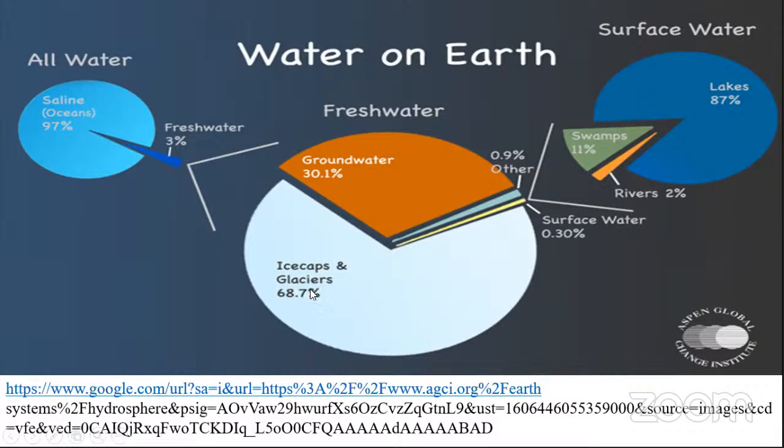Though its share is around 67.7 percent, this is regarding the quality of water we use daily. The entire population completely depends upon this small bit, the 3% of fresh water.